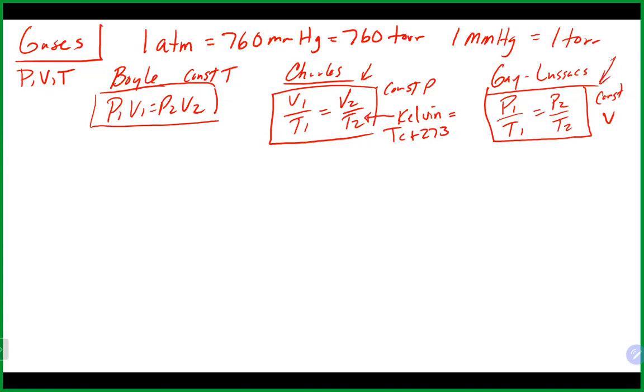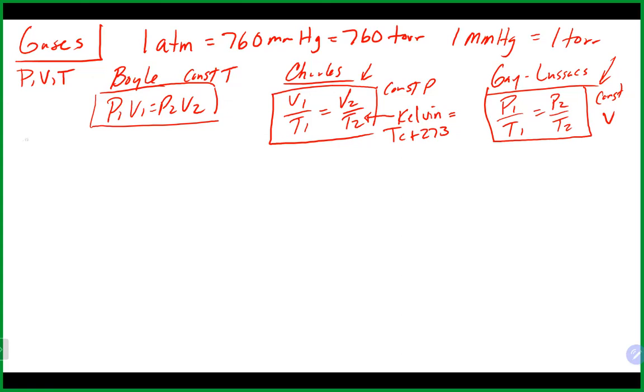If we lower the temperature, everybody's going to be flying around a lot slower, there will be fewer collisions, and we will see the pressure come down. So as the temperature decreases, the pressure also decreases.